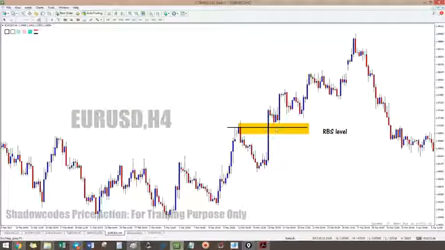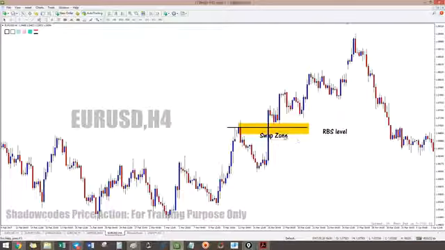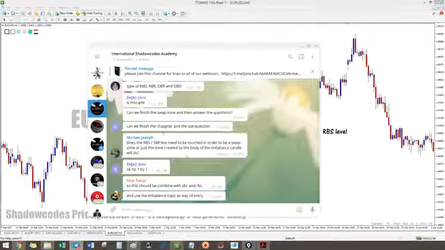So your sniper entry or your zero drawdown entry will be at RBS. But if you do not want to miss a trade, you can just enter here. So this is a swap zone entry. I think I answered this: the zone created by the body of the imbalance candle will do, yes. This should be combined with SBR and RBS.